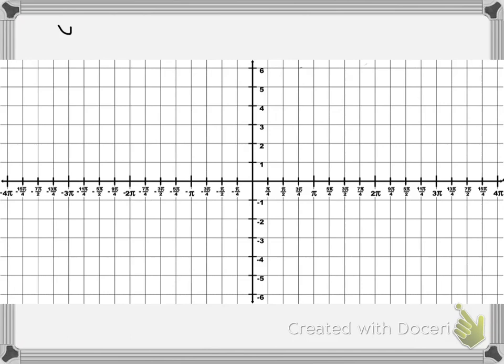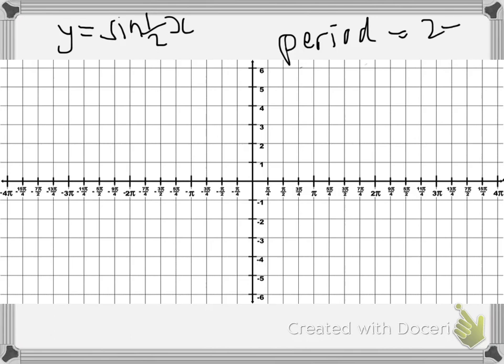Next graph I'd like to look at is y equals sine 1/2 x. Saw the other day that we had a formula for period of trig graphs, and period equals 2 pi on n, where n is the coefficient of the x to the right of the sine or the cosine.